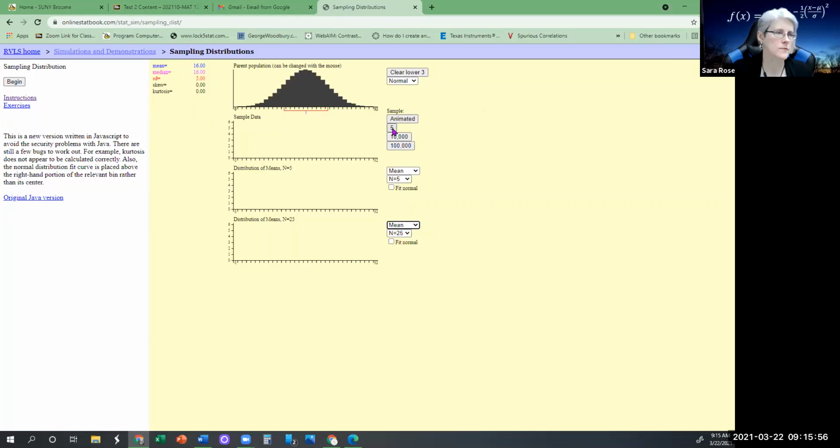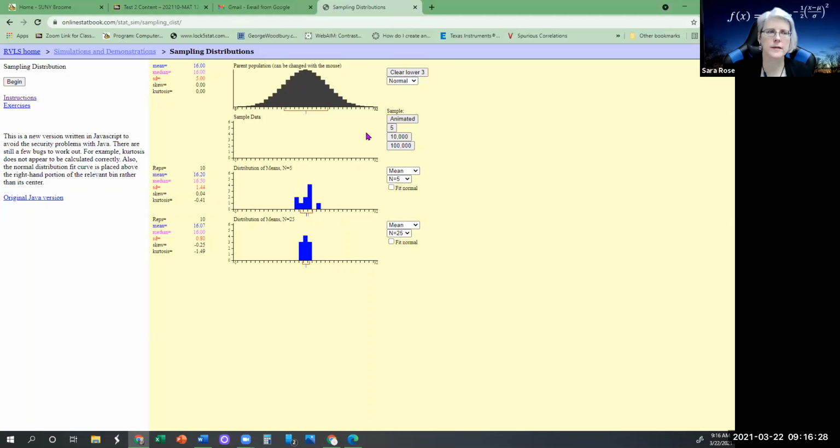So if we take 5, repeat this 5 times. So 5 times it has taken a sample of 5 and placed it down here. And 5 times it has taken a sample of 25 and placed it down here. This looks nicely rounded, as does this one kinda. This one's skinnier. Okay, let's do it again for 5. Now this one looks pretty rounded there.